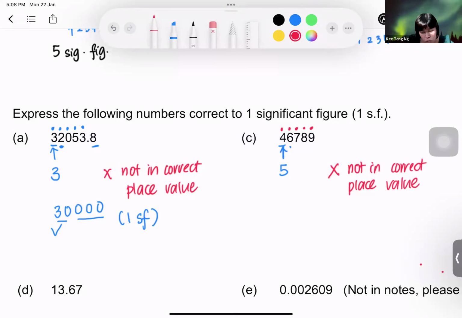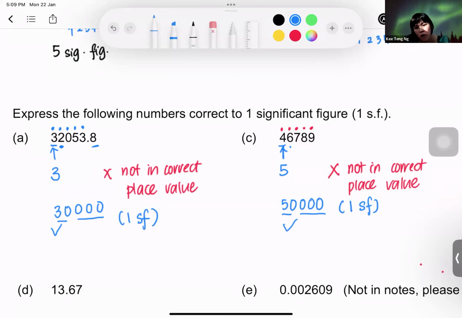What am I going to do to put it in the correct place value? I add 0s at the back, 0, 0, 0, so that now this is in 50,000. And this will be correct to one significant figure. And this will be the correct answer.